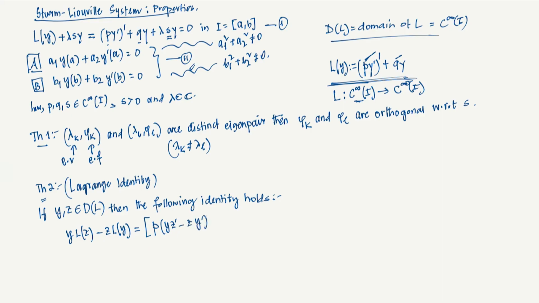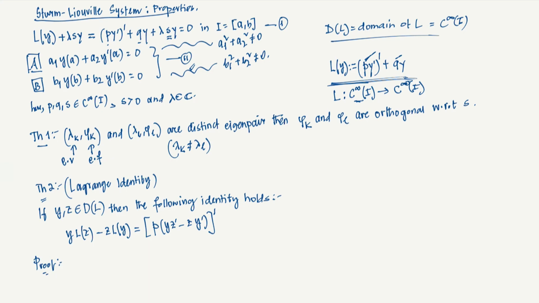P is the leading coefficient P. P, y, z are all very smooth functions, so the derivative exists and we do not have to worry about that. So this is an identity essentially. What does an identity mean? It means a relation which holds for any such function. The proof is extremely simple, and of course, I want you to do it yourself.